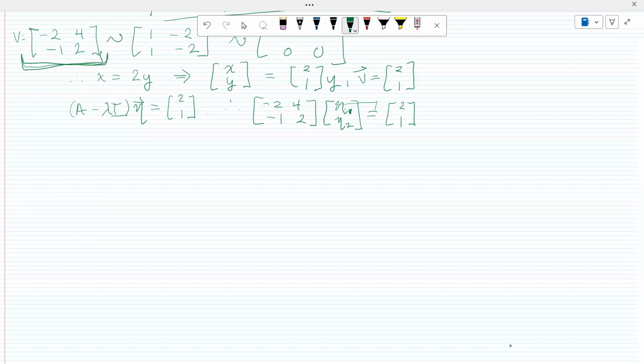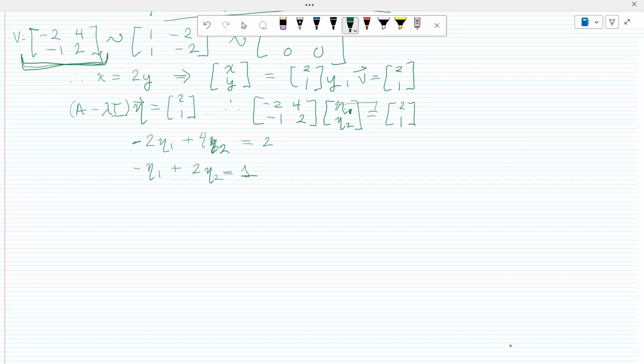So now we have this system of linear equations. We have negative 2 eta 1 plus 4 eta 2 is equal to 2. And then we have negative eta 1 plus 2 eta 2 is equal to 1.